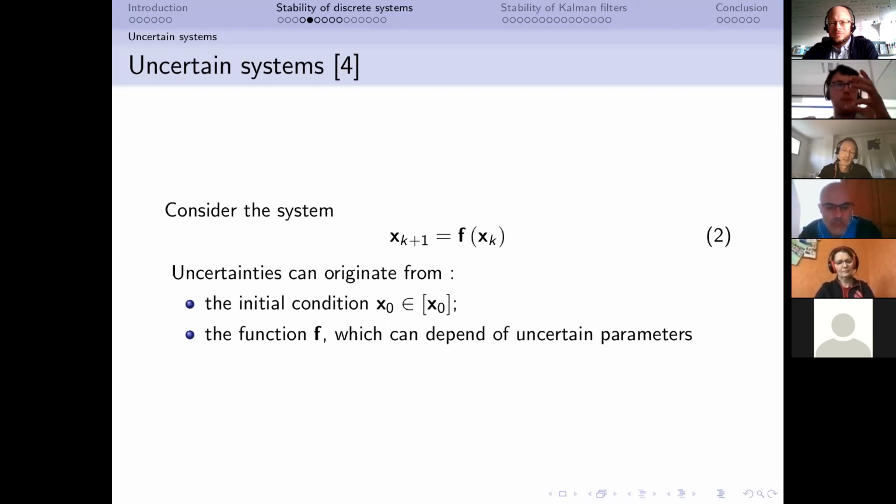I think I didn't explain it correctly: you do not really use the uncertainties of the Kalman filter. When you talk about uncertainties in the Kalman filter, you usually talk about the covariance matrix. We consider the covariance matrix as just a part of our state vector.